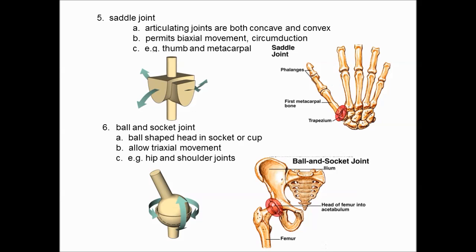Ball and socket joint is one of the most flexible of all joints, and it's literally a ball on the end of a bone, or the head of a bone, that rotates in a receptacle, which we call the socket. Like a joystick on a computer, the structure hooked to the ball can move with all types of motility, triaxial movement.